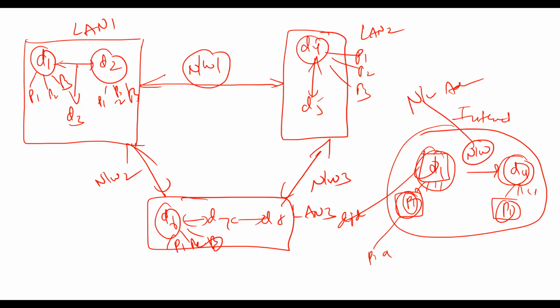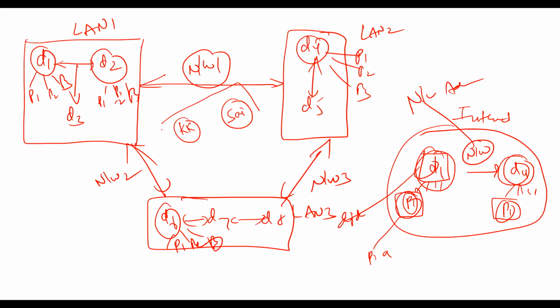For example, I take our class example only. I want to communicate with one of the persons, for example, Sai, on some other side. First question is whether Sai belongs to our network or not. Our network means our section.